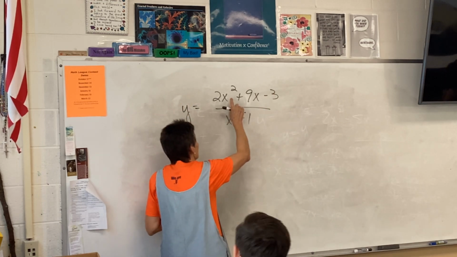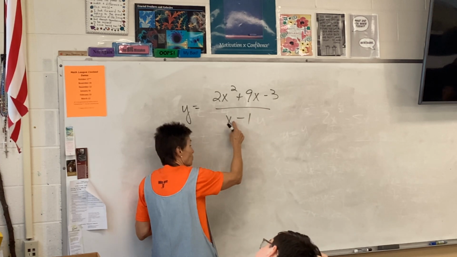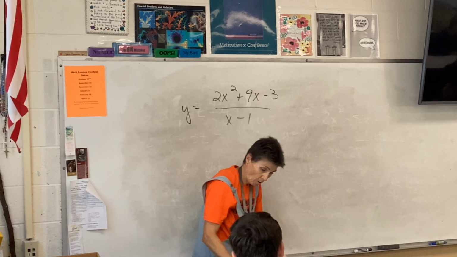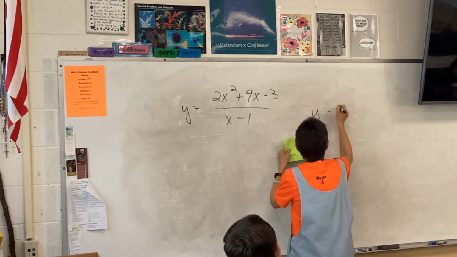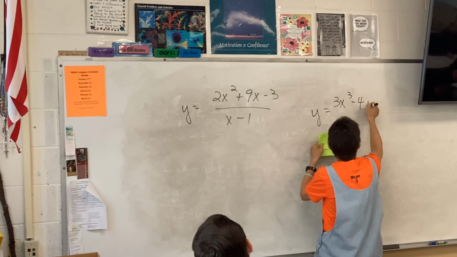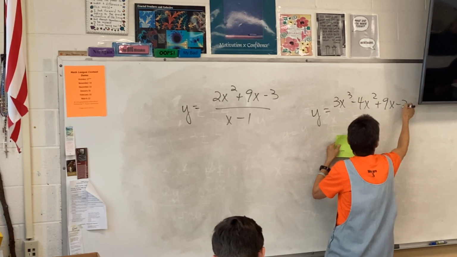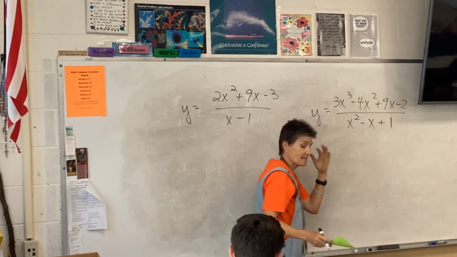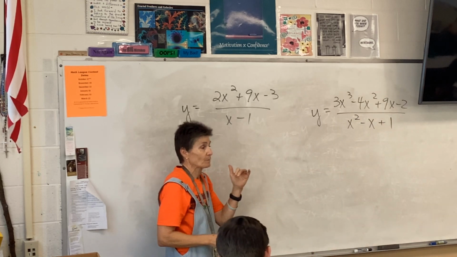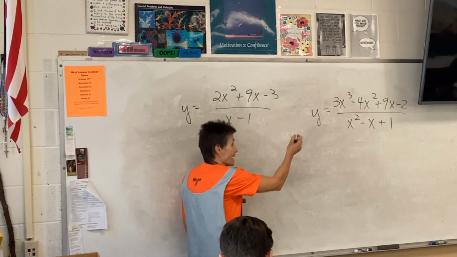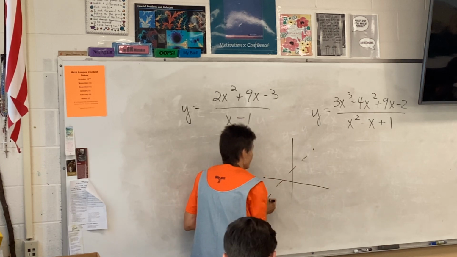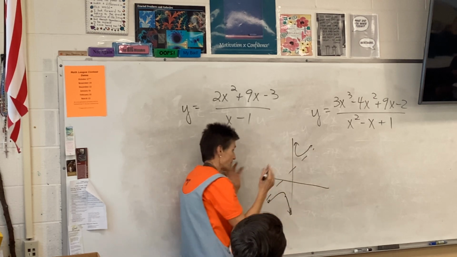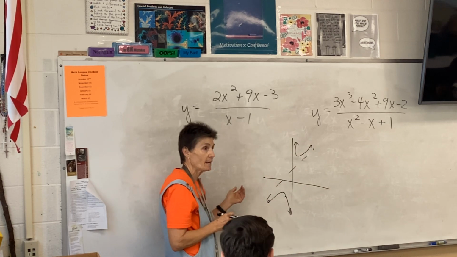If the difference in the degrees is 1, so like here, if you have x squared over x, or if you have x cubed over x squared, then you will have a slant asymptote, which is simply a diagonal line that the curve approaches as it heads off the page. Okay, something like that, like here.